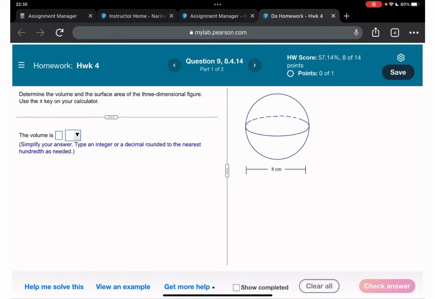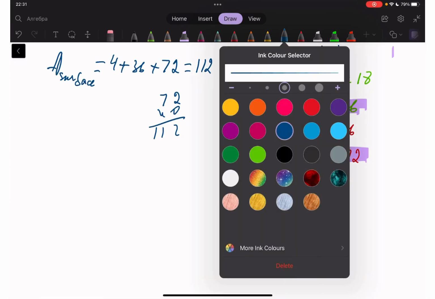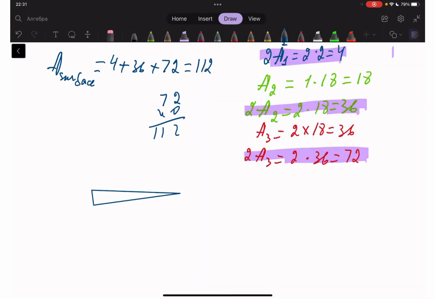Next one, we are going to use sphere. So the volume for sphere is equal 4 over 3 pi r cube.